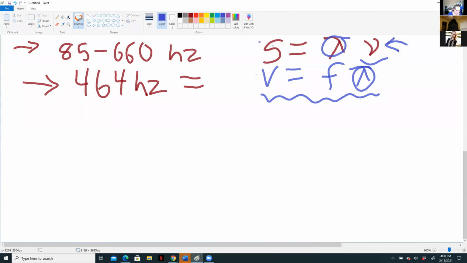I find that really confusing. Do you guys have a preference whether it helps you to go along with the same equation that's in the book, or whether you would like to use the more standard equation? Does anyone like the red one better? Does anyone like the blue one better? Any thoughts? I'm just going to use V equals F lambda.